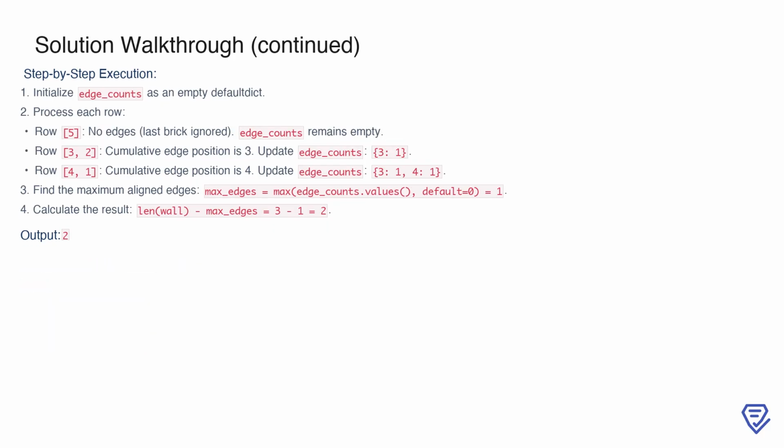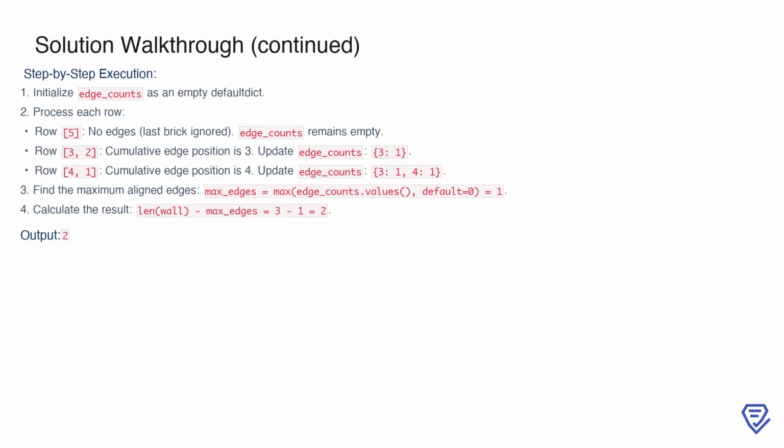Finally, let's look at a case where there are no aligned edges between rows. In this wall, the first row, 5, has no internal edges, so the dictionary remains empty after processing it. The second row, 3, 2, introduces an edge at position 3, which we record. The third row, 4, 1, adds an edge at position 4. At this point, edge_counts shows that each edge position occurs only once.